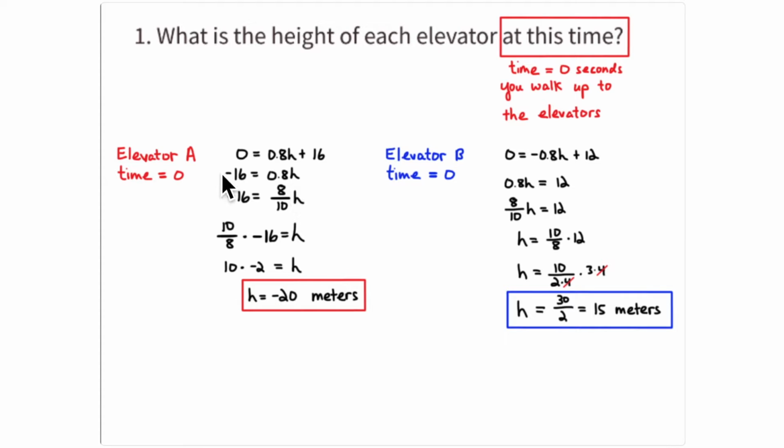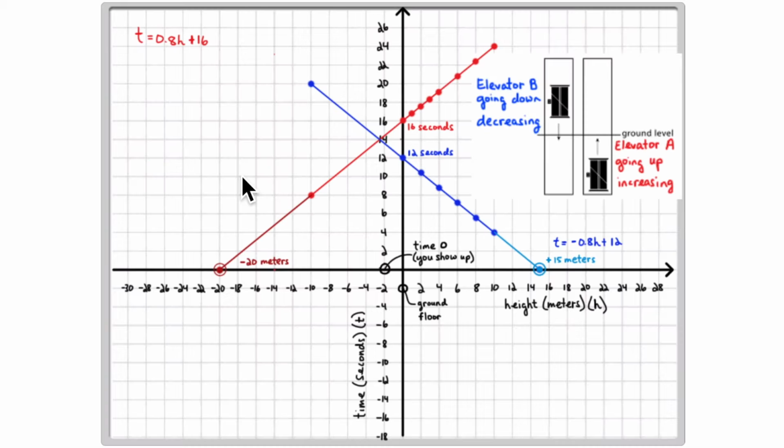For elevator A, to get to negative 20 meters, remember this term right here has to equal negative 16 right here. So now we're going to go backwards in time 16 seconds. Whereas elevator A, 16 seconds before you show up. And then we're going to go forward in time 16 seconds. So we're right here at time 0.